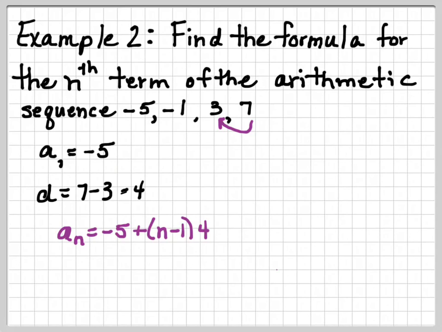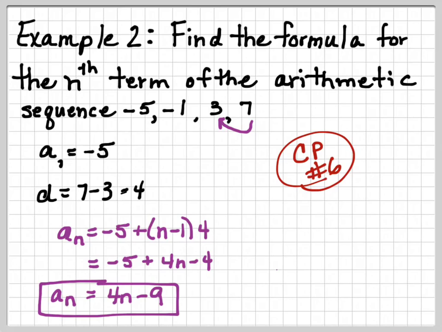So a sub n is going to be -5 plus n minus 1 times 4. Let's expand this and distribute the 4, so you have -5 plus 4n minus 4. So a sub n equals 4n minus 9. So go ahead and do your checkpoint number 6.